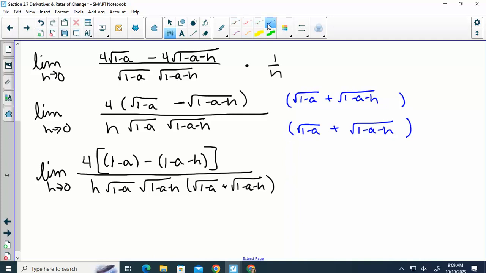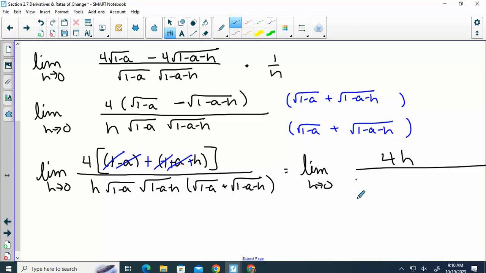But now what happens on the top? If I distribute that negative, positive 1 and negative 1 cancel. Negative a and positive a cancel. So we have 4h over this big nasty denominator.